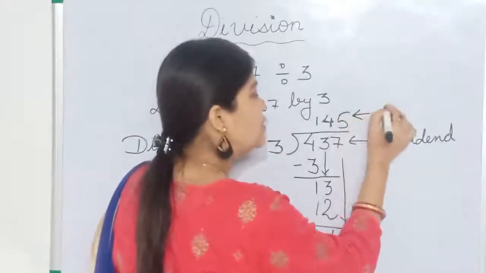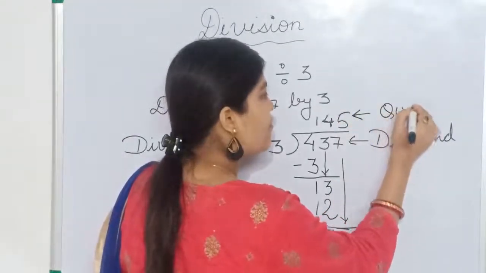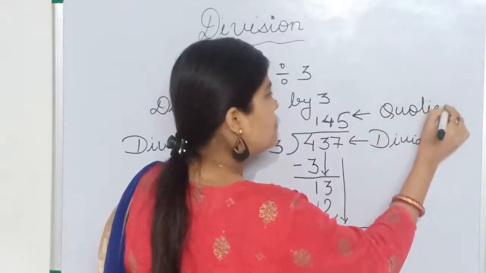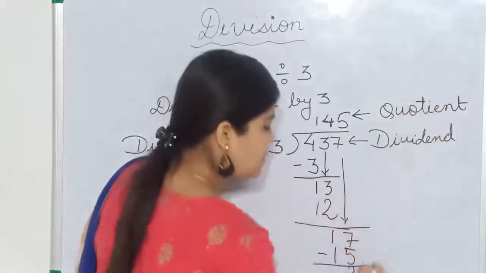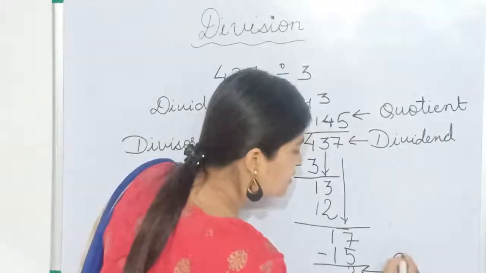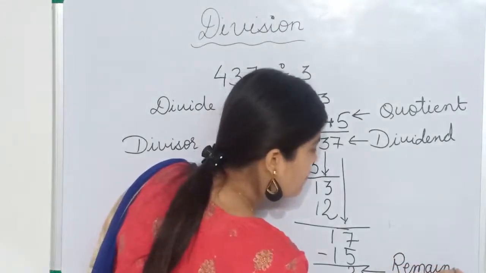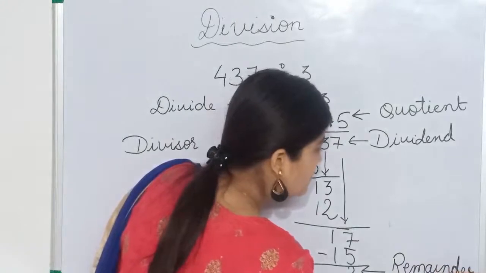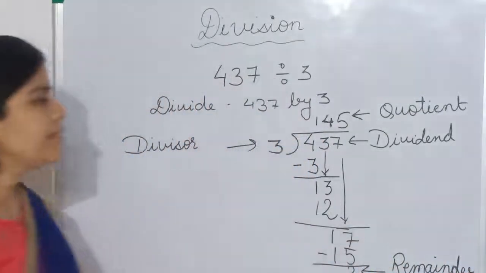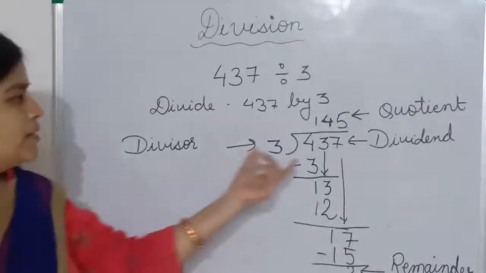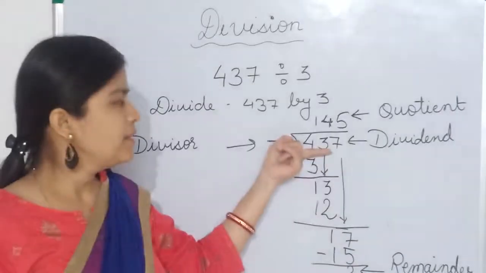This is known as quotient. And this is known as remainder. Now children, we are calling this number dividend.